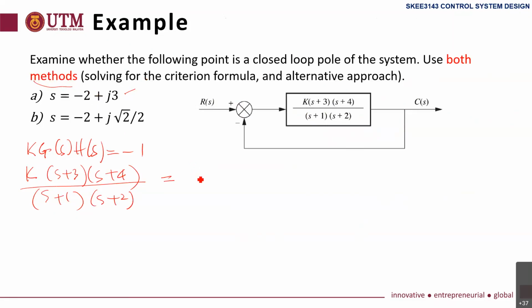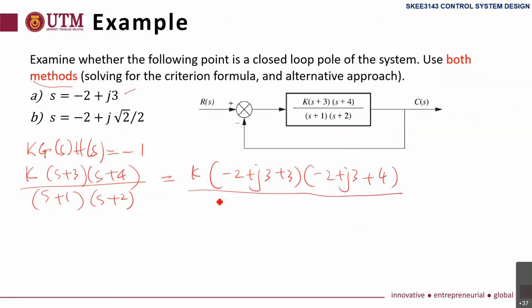So K(-2+j3+3)(-2+j3+4) divided by (-2+j3+1)(-2+j3+2).